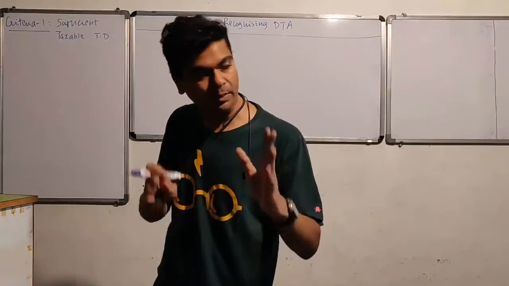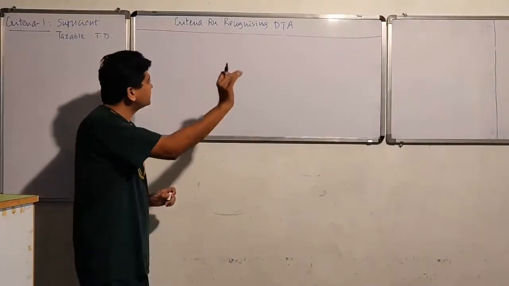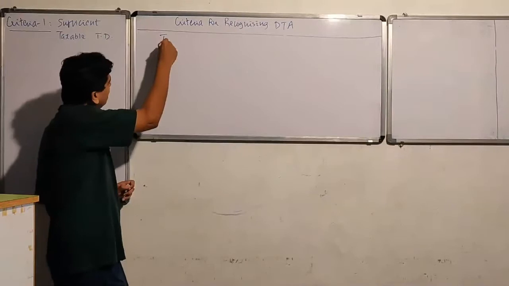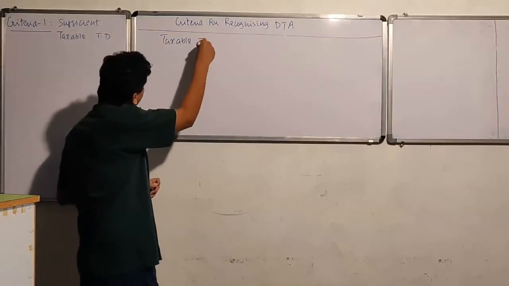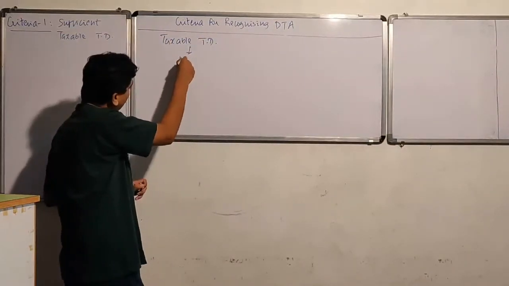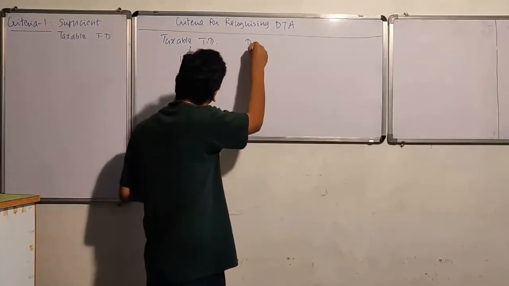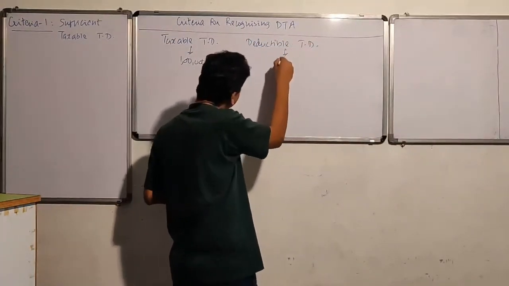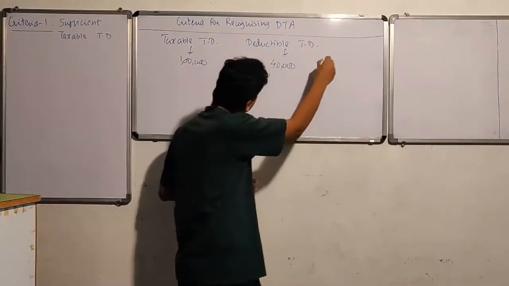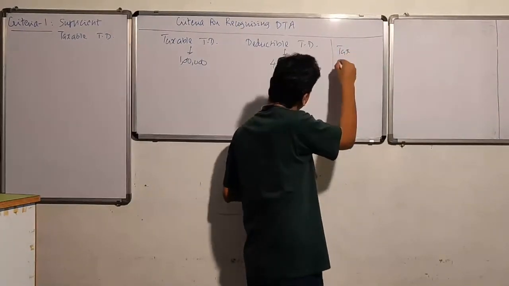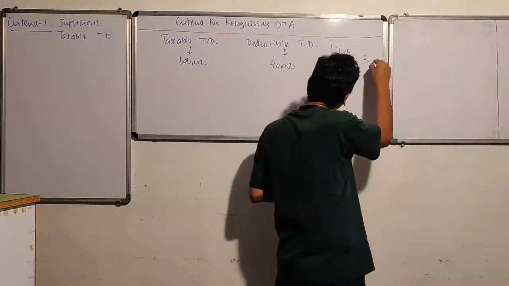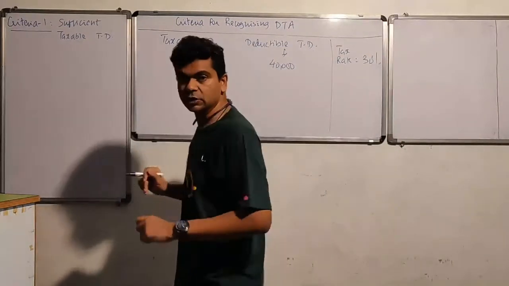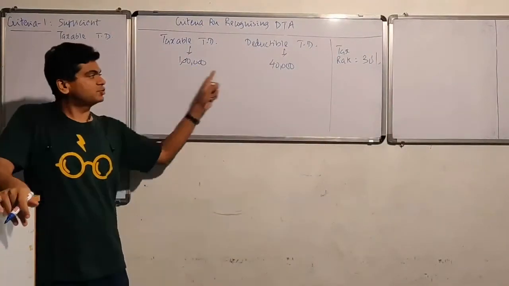The way I will put it, I'll just take some figures and it will become very clear. Let us say there is a taxable temporary difference of 1 lakh, and there is also a deductible temporary difference of, let us say, 40,000. Let's assume that the tax rate, for simplicity, is 30%. So please understand the two concepts over here.